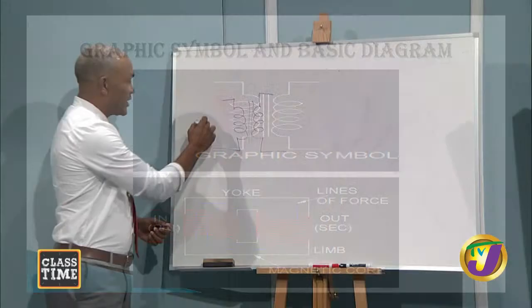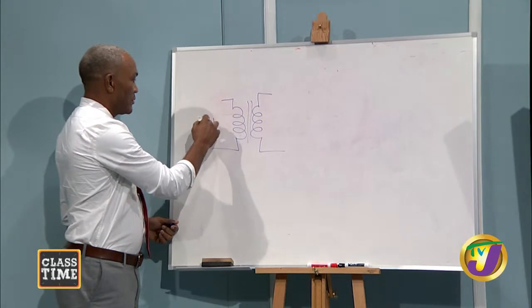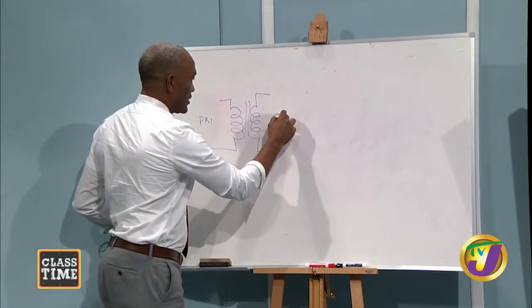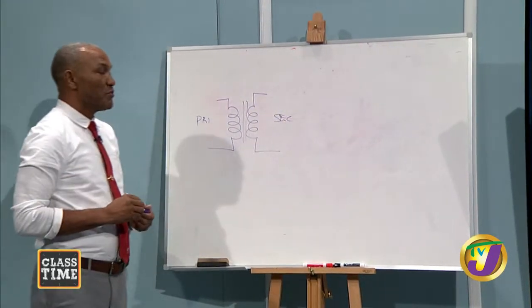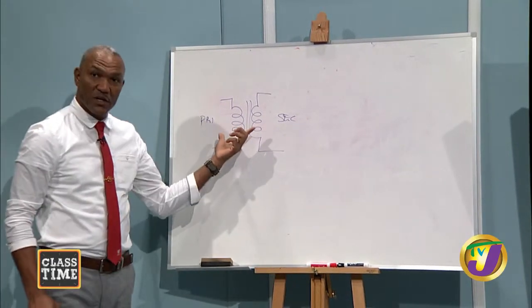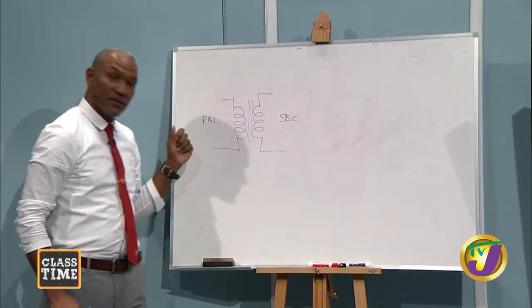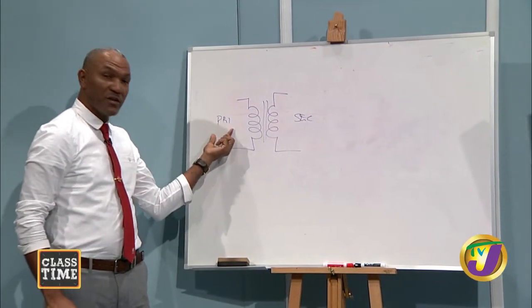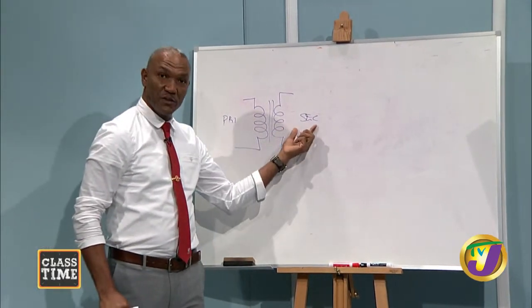You would label it to say primary, and you label it to say secondary. However, bear in mind that when you're drawing this symbol, it is drawn horizontally, and you label your primary to your left and your secondary to your right.